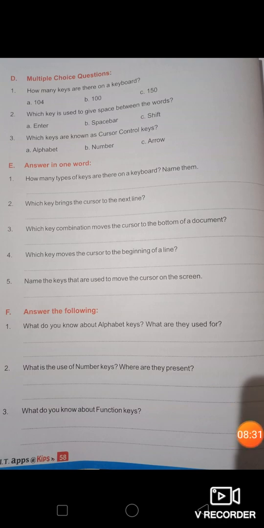Okay, and in the last part we have the question answer part, in which we have to write the normal answers. What do you know about alphabet keys and what are they used for? Alphabet keys are used for typing words or sentences.